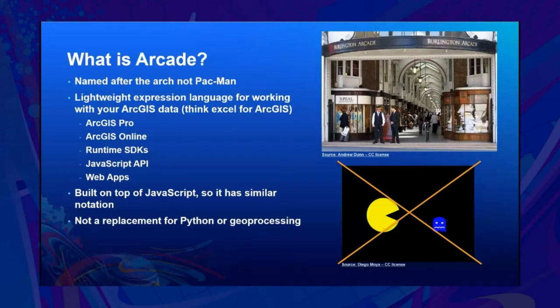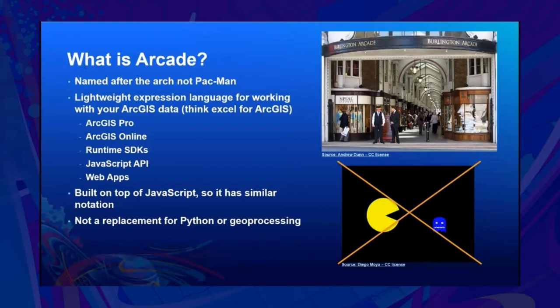But if you go to the developer site, we've got a really handy matrix in the Arcade documentation that helps you understand what versions of Enterprise, Online and Pro different functions were added to give you some strategies. We're also going to do some work in the editor in the future to let you know the minimum version needed to run an expression when you're writing it, so you get better visibility into compatibility. But generally speaking, it's cross-platform and portable.